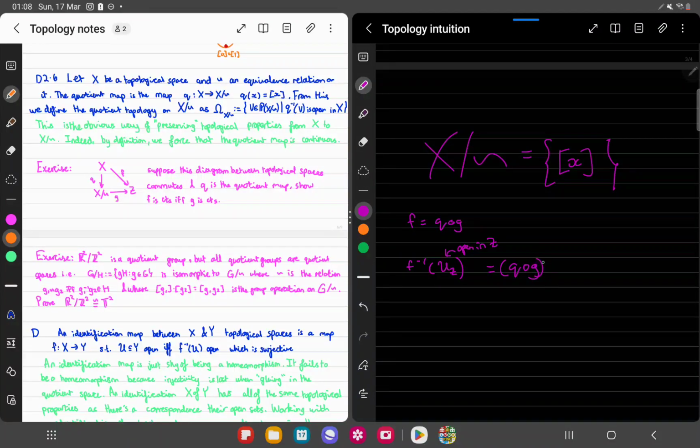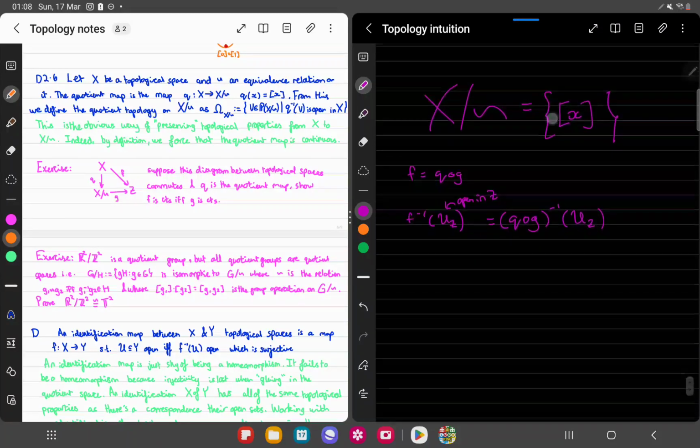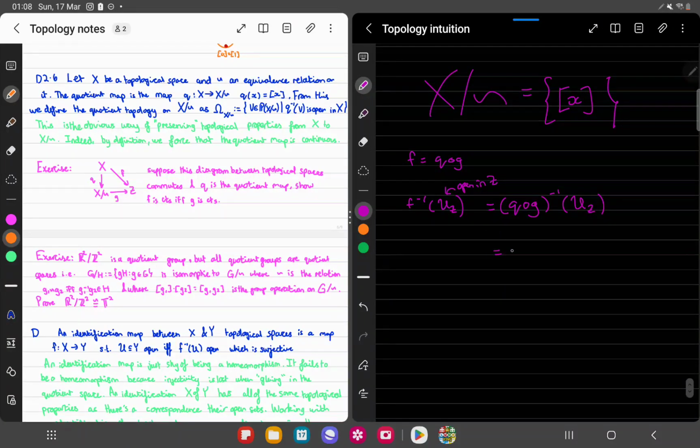Q composed with G inverse of U sub Z. So this is just coming from the definition, but this is the same thing as G inverse of Q inverse of U sub Z.